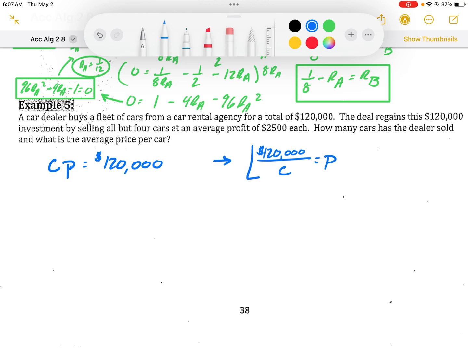All right. Now that I have that, I have: the dealer regains this $120,000 investment by selling all but 4 cars at an average profit of $2,500 each. How many cars has the dealer sold, and what is the average price per car?